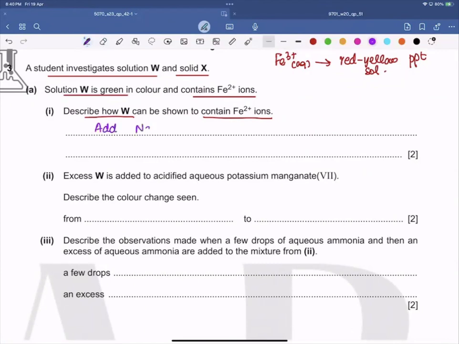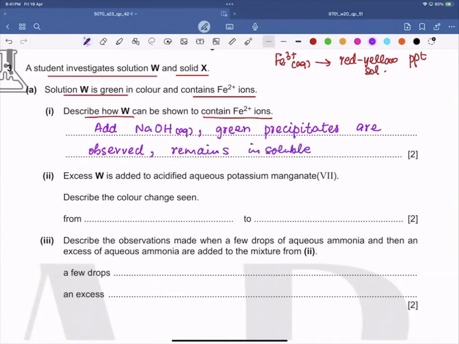So add aqueous sodium hydroxide, green precipitates are observed and remain insoluble in excess of sodium hydroxide. Is this understandable to all of you?